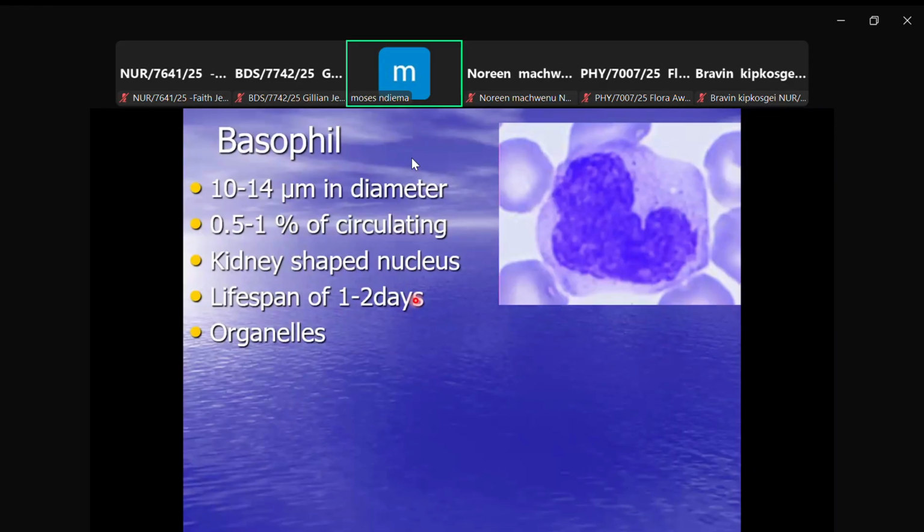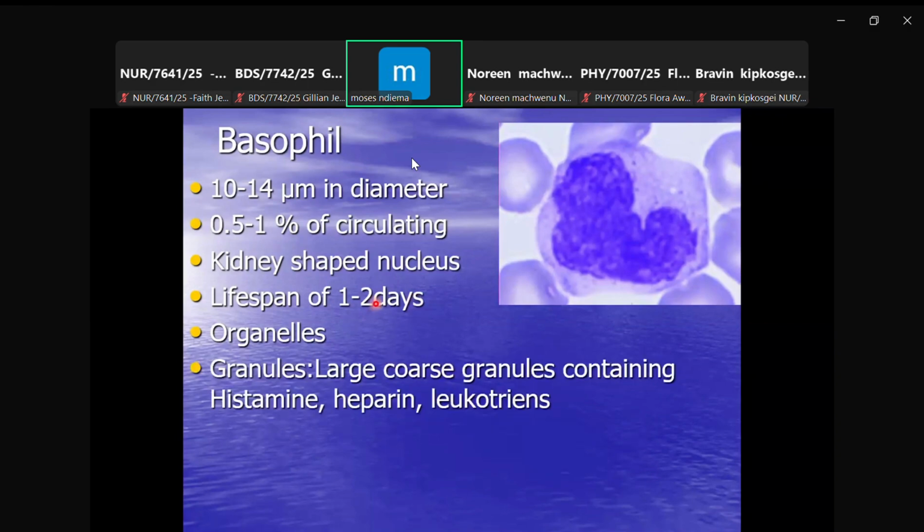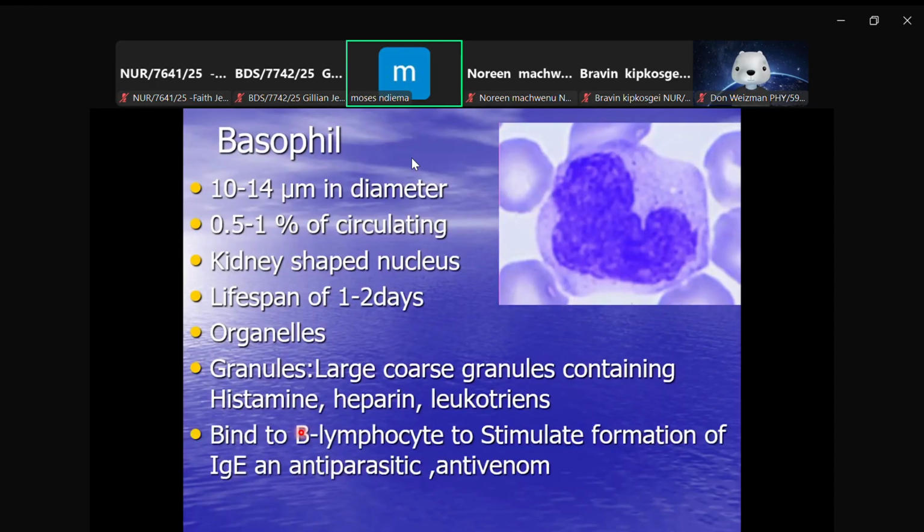So in general, we can say eosinophils play a very important role in allergic reactions. Usually during allergic reactions, the eosinophils degranulate, and also in parasitic infections. Part of the granules that are released are toxic to the parasites. So in parasitic infections, they then have a lot of eosinophils.